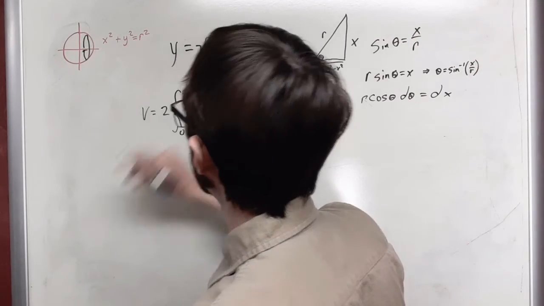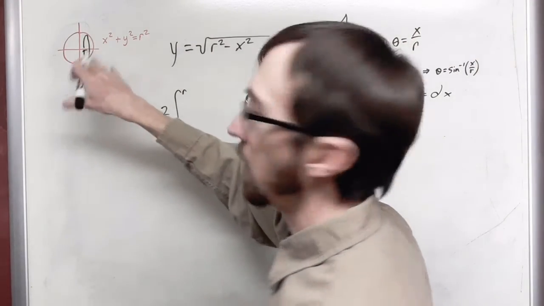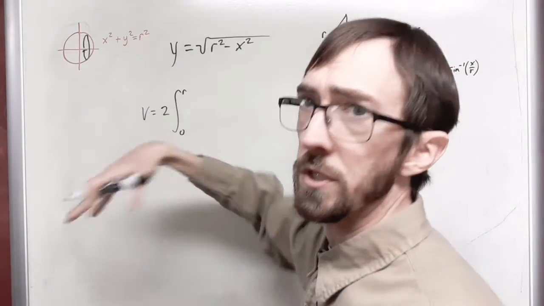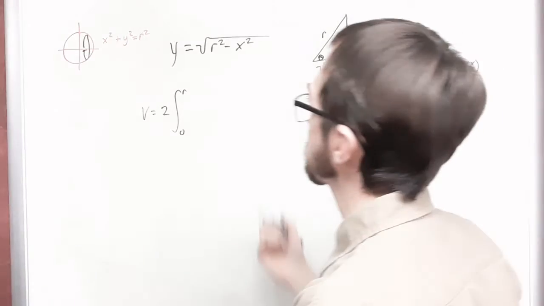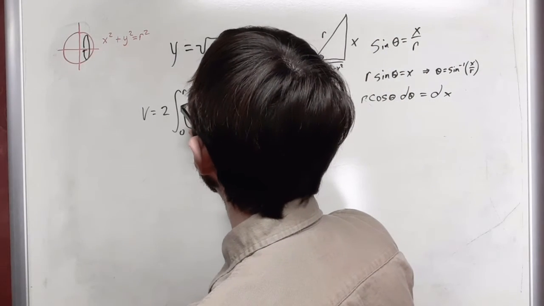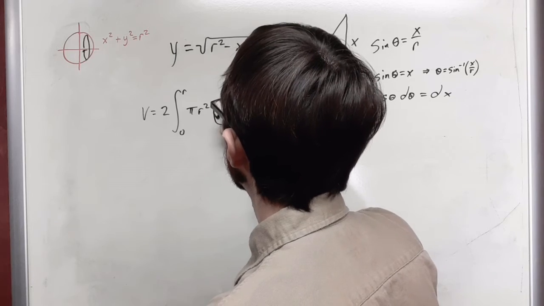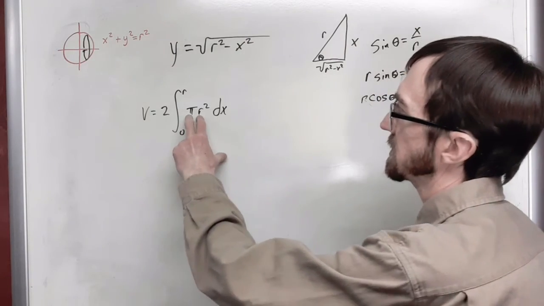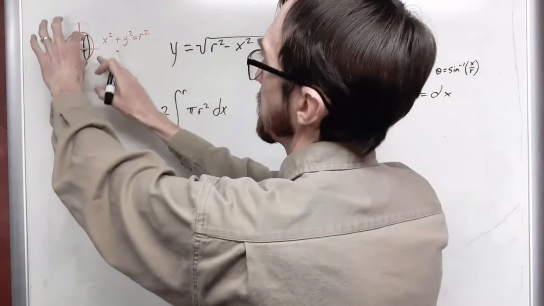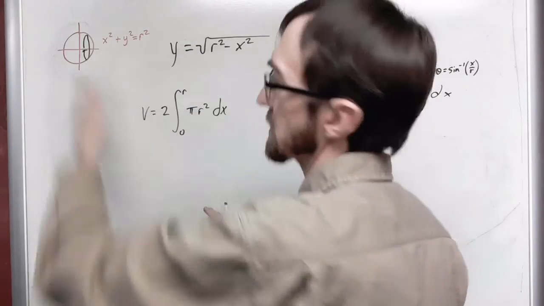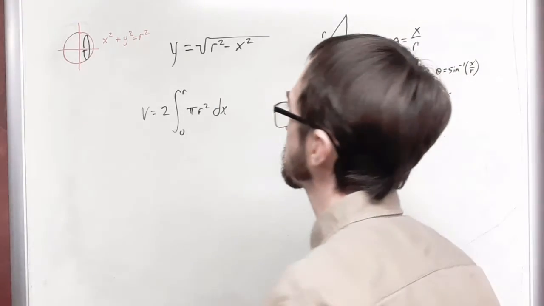I'm going to integrate from 0 to r, which is whatever the radius of your circle is, becomes the radius of your sphere. And this is going to be pi r squared dx. Okay, so this is the area of the circle here, and then we're taking slices of circles to create our sphere.